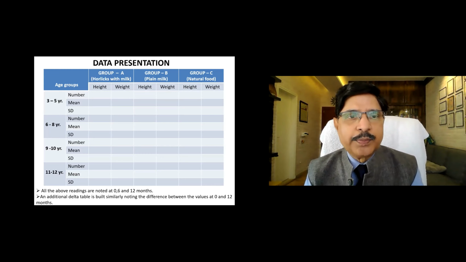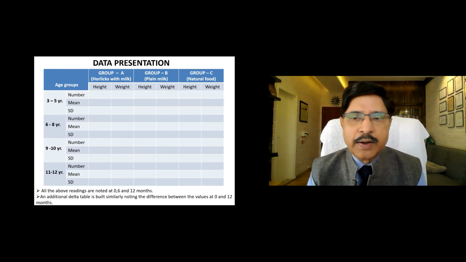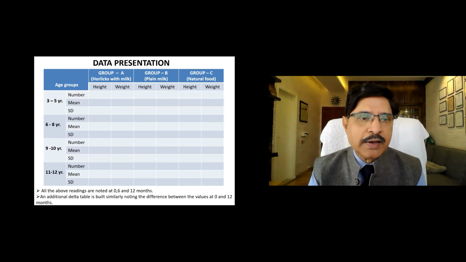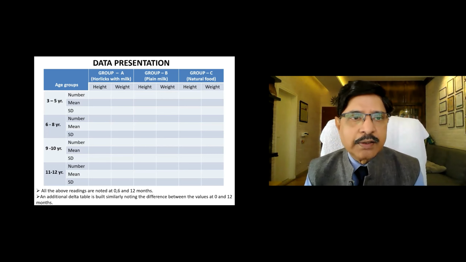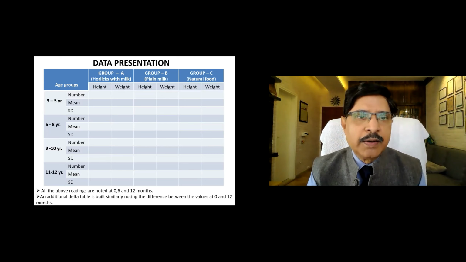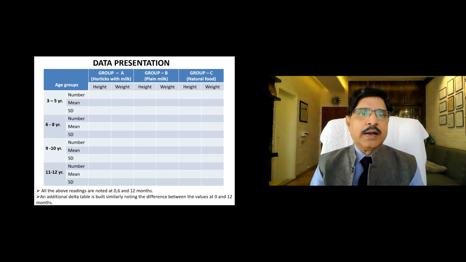So this is group A, B, and C, and our main outcome variables are height and weight. Okay, and the age groups are 3, 4, 5, 6, 7, 8, 9, 10, 11 and 12. So you put them on this side, and for each age group you get some number of children, and you write the number there. And for the height and weight, you write the mean height, mean weight, and then the standard deviation of the height and of the weight.